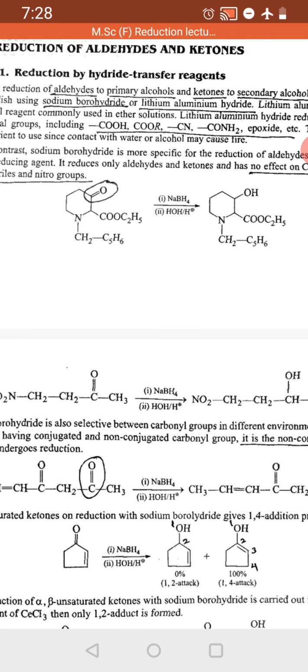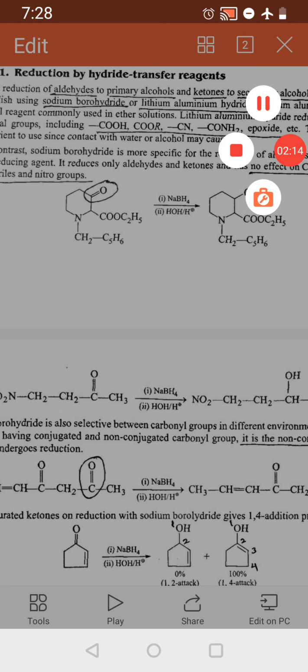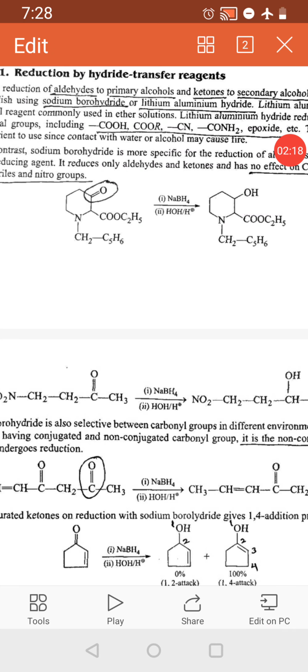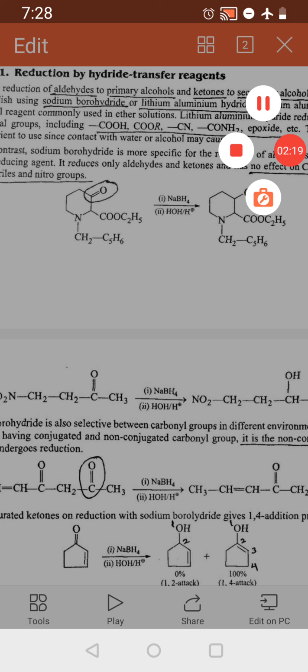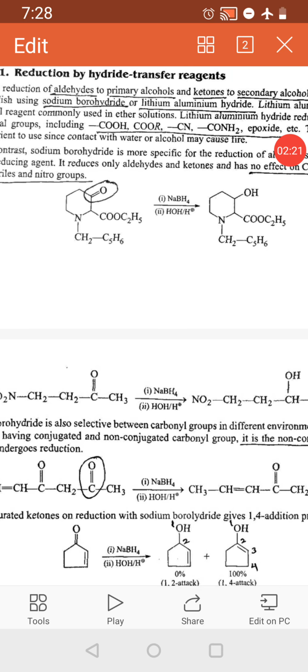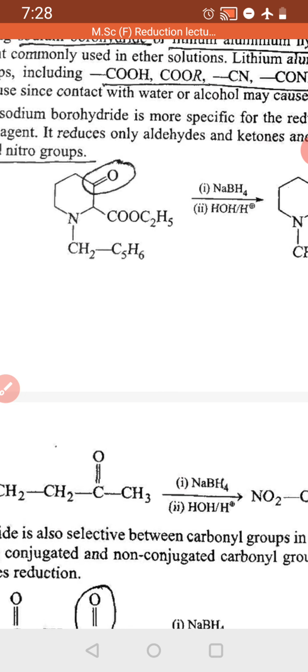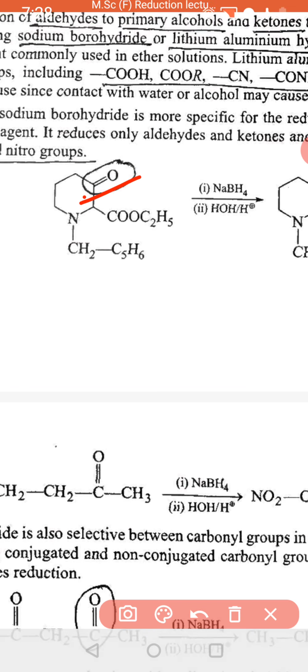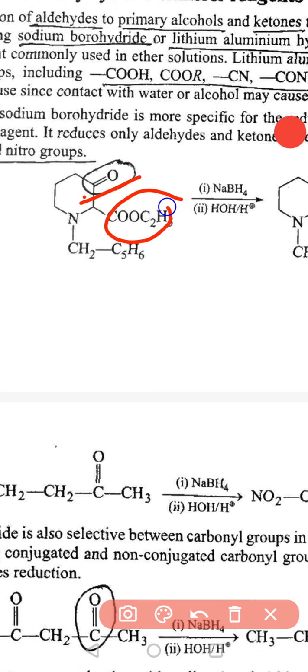Look at the example of reduction by hydride transfer. This is a compound which has carbonyl group and also ester group, and we want to reduce only the carbonyl group, only the ketonic group.